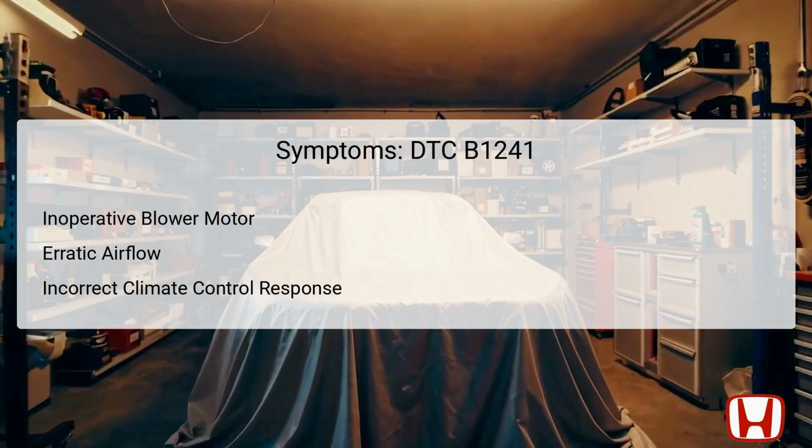Additionally, the climate control system may not respond properly to user input, failing to adjust temperatures as requested, therefore diminishing overall user satisfaction. Identifying these symptoms promptly can help guide technicians toward effective troubleshooting strategies.